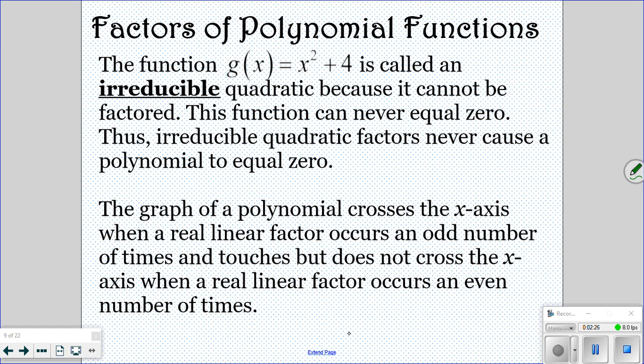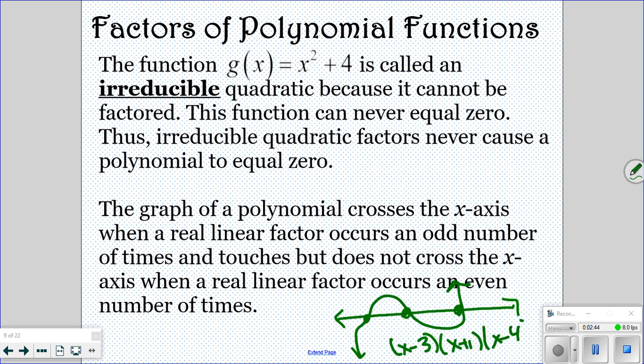So we, back several lessons ago, several weeks ago, did graphs where we had dots, and then we went like this, and that was because it would be like x minus 3, x plus 1, x minus 4, where this is -1, 3, and 4. However, if this x plus 1 had a squared on it, then it would actually touch it and bounce away.